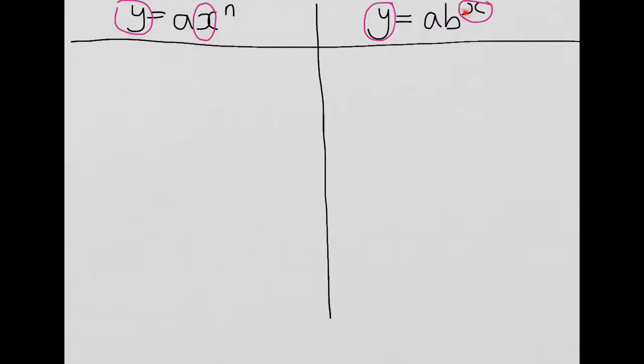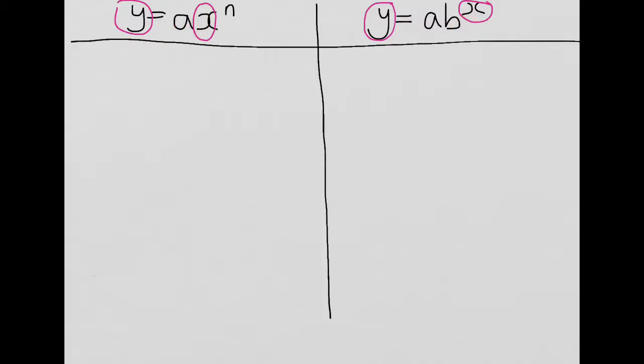So if I come over here again, x and y will vary, so x will go up and y will alter because of that, but the values for a and b will remain constant, but again we don't know what they are. And what we're going to look at now is where the x is. So here the x is the base, and here the x is the exponent, and I want you to see that because these are different cases.